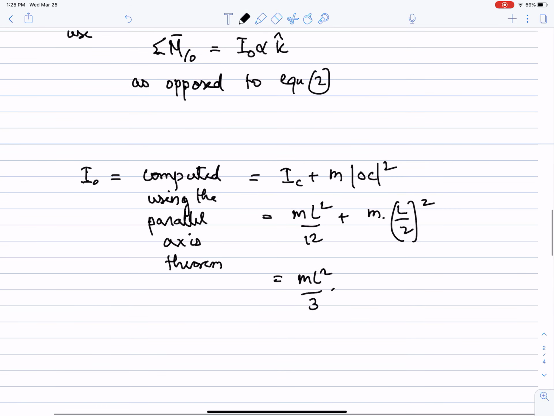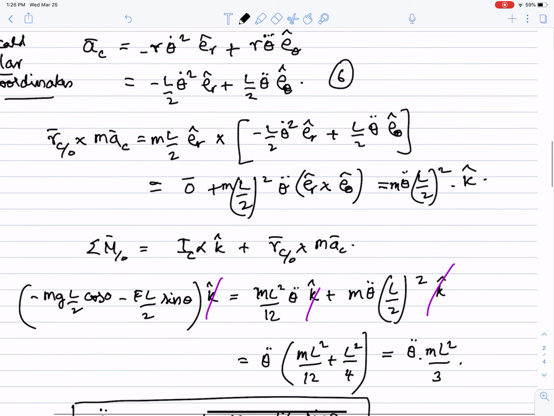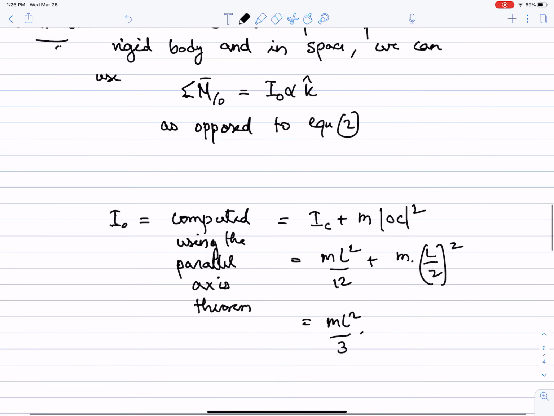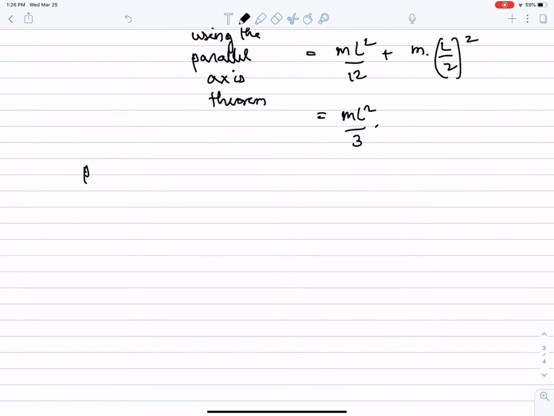So when you plug everything in to this equation, what shall we call this? Equation 7 or something. Plug in equation 7. We have exactly the same as before, mg L over 2 cosine theta minus F L over 2 sine theta. Those are the moments.